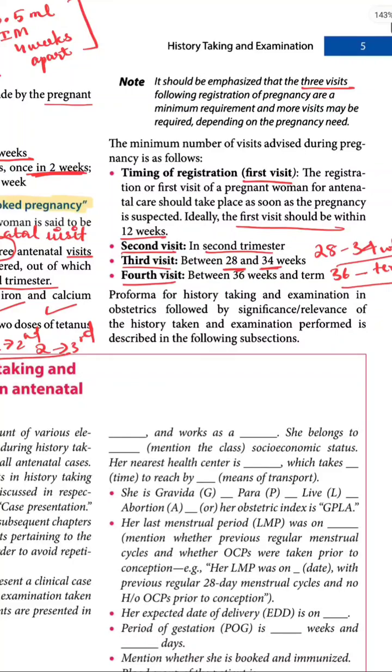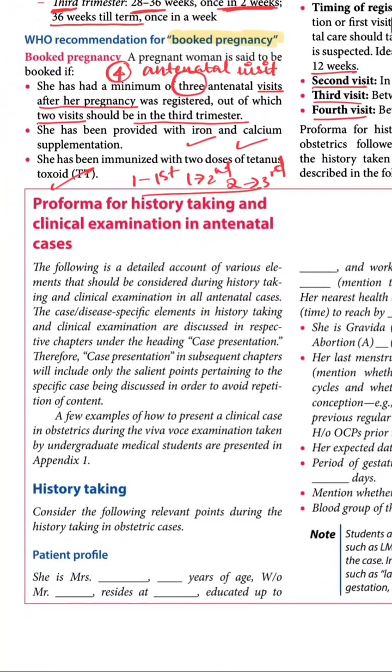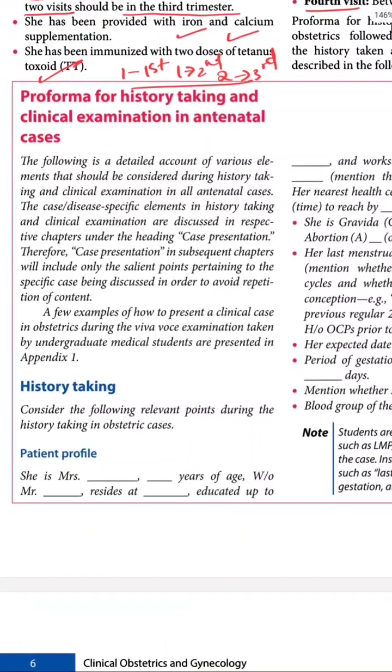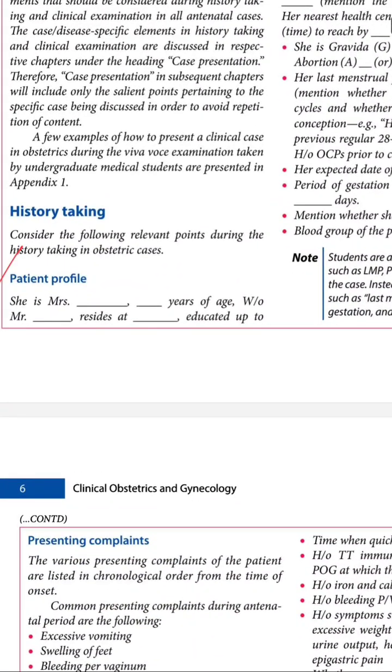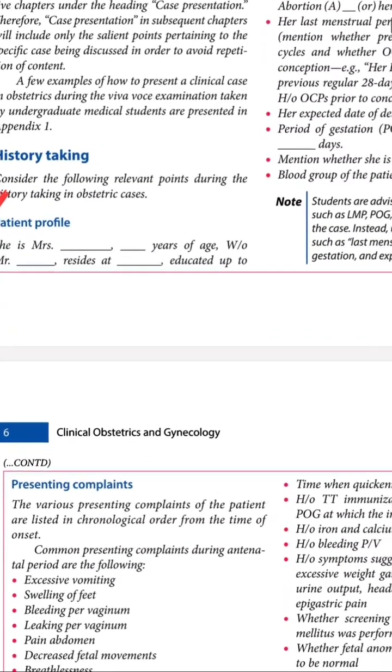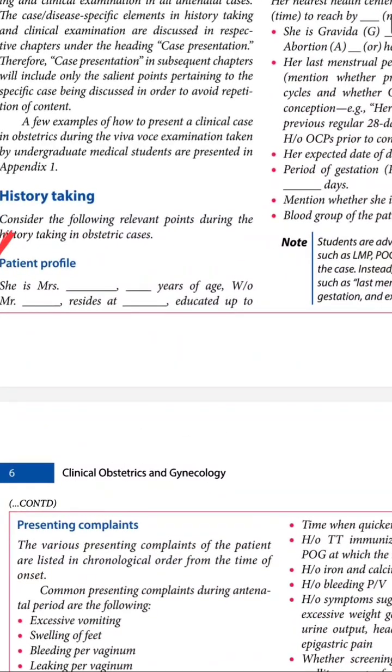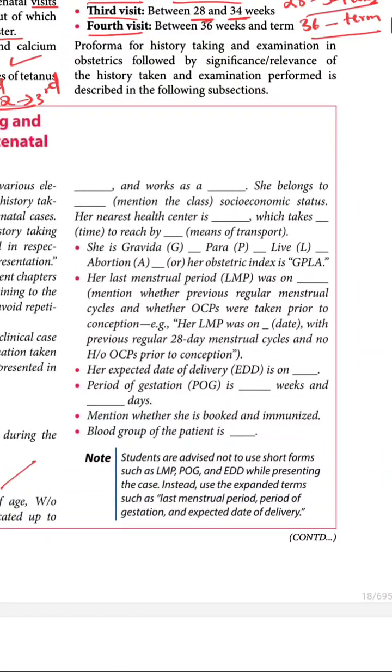So now let's see the proforma for history taking and examination in brief. First you need to take down all the details of the patient profile, like she is Mrs. dash, years of age, wife of Mr. dash, resides at which place, educated up to what, and works as a dash.